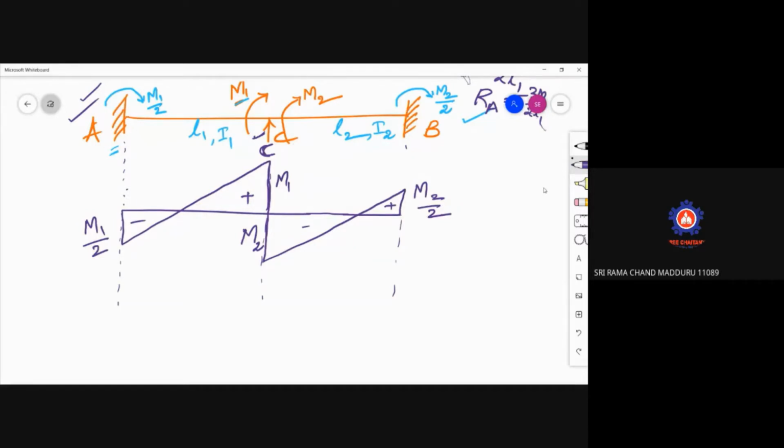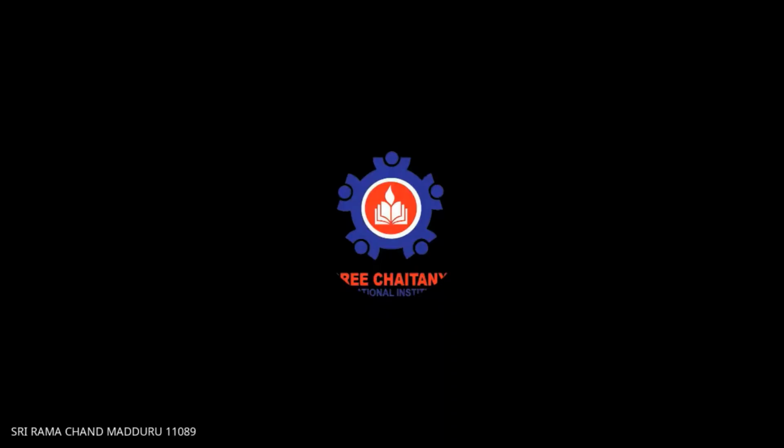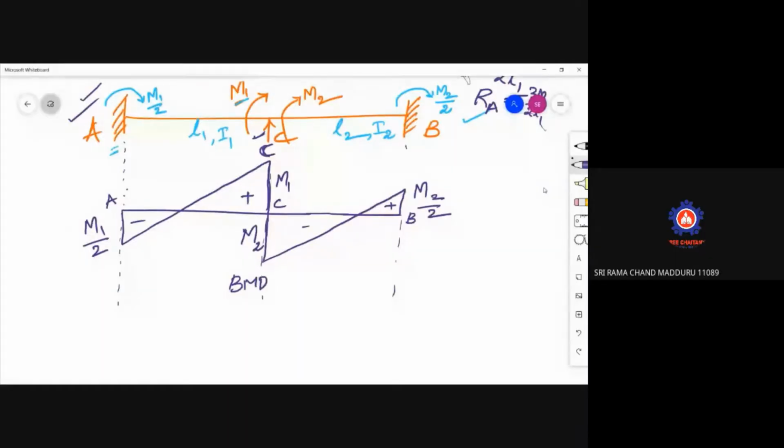So this is how you will write it down. This is A point, this is C point, this is B point. So for the BMD, just note down this one.